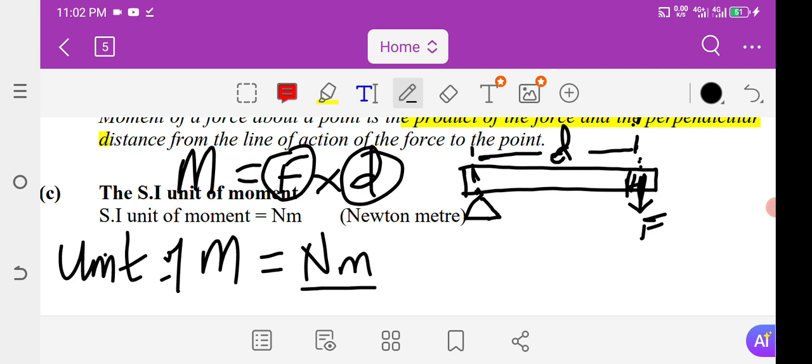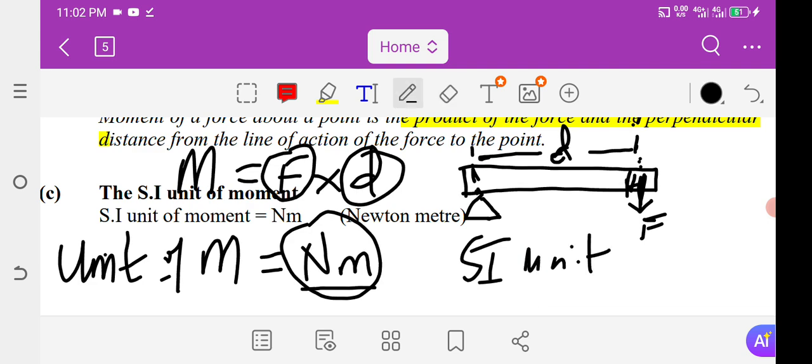All right, you have to be careful. This Newton meter is not the same as the unit of work done. Remember that work done is also given in Newton meters, but we go on to say the SI unit of work done is simply the Joule.